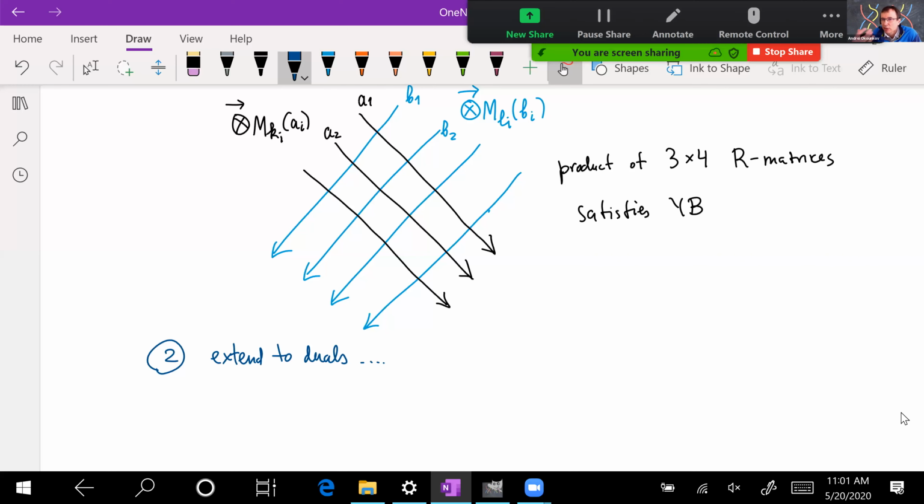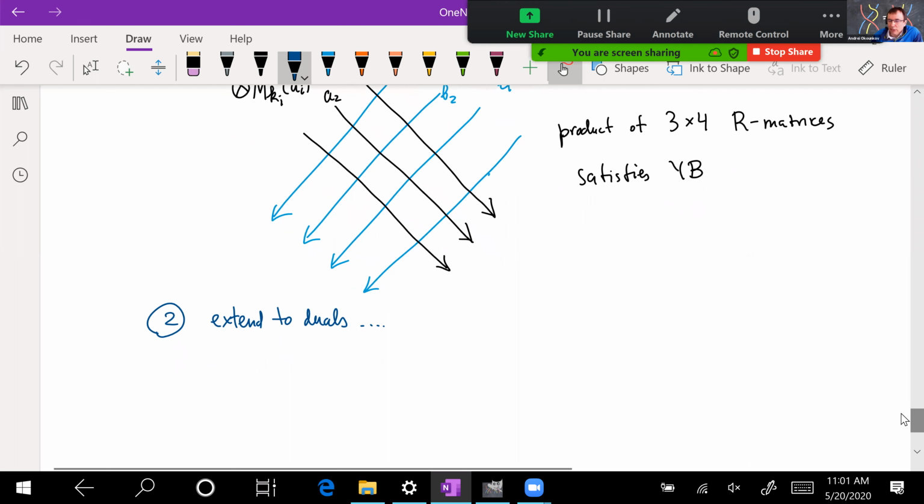It's like saying if I have a group, then the inverse is unique. The same in the Hopf algebra. So the antipode is not really a new structure. It's just a statement about non-degeneracy. If it existed before the deformation, it exists after the deformation. But now let's not focus on this too much.